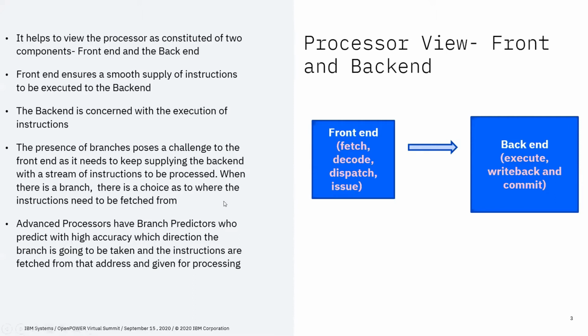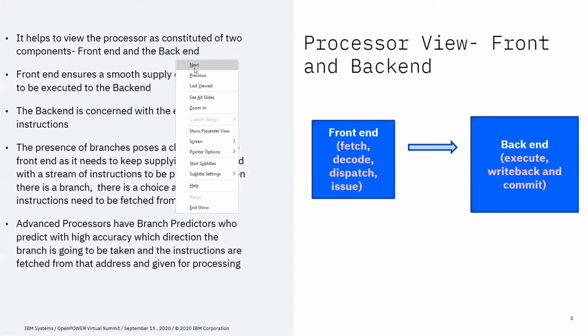Usually advanced processors have branch predictors that predict with very high accuracy which direction the branch is going to take, so that the processor just goes ahead and fetches those instructions from that address. So that's how branches figure in this equation.